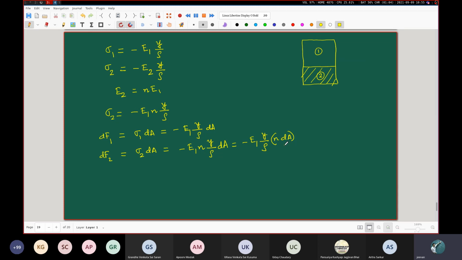The net result of this is that the section which was looking like this will now start to look like this. For the material 1, it is exactly the same as before. This is our material 1. But now, because of this factor n, the lower part over which originally the material 2 was present, when we go from 2 to 1, we are effectively changing the area.